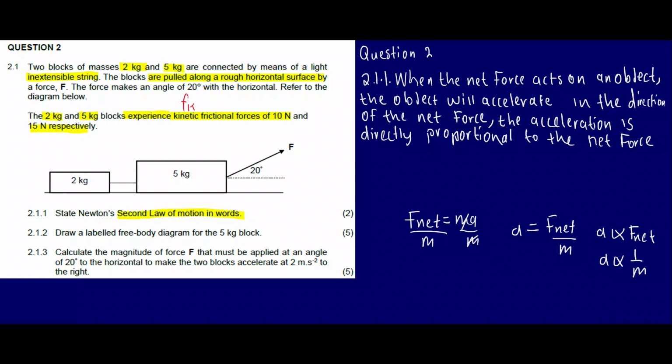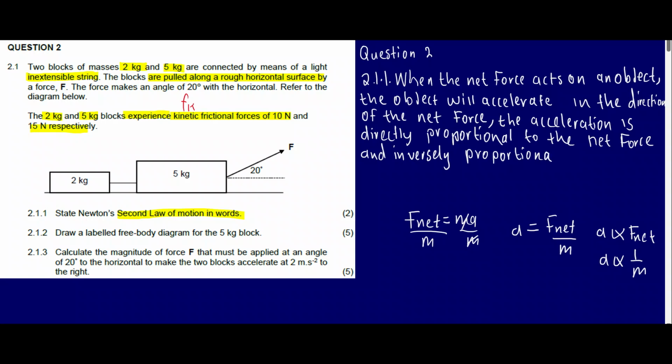So the acceleration is directly proportional to the net force and inversely proportional to the mass. And remember, this is the mass of the object.